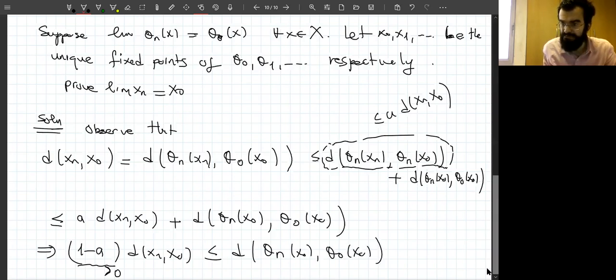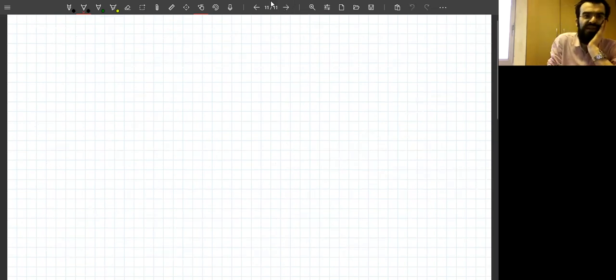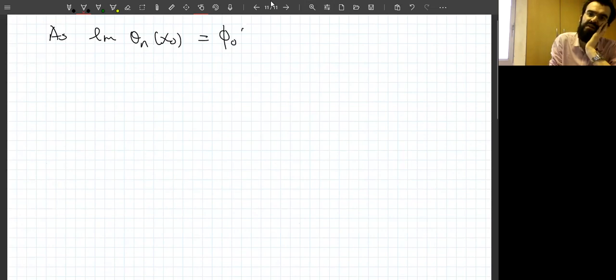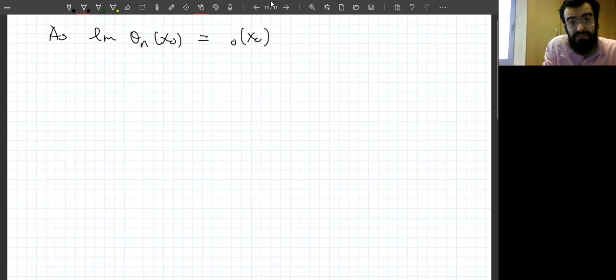Now, as limit theta n x0 is theta 0 x0, this is true for all x.